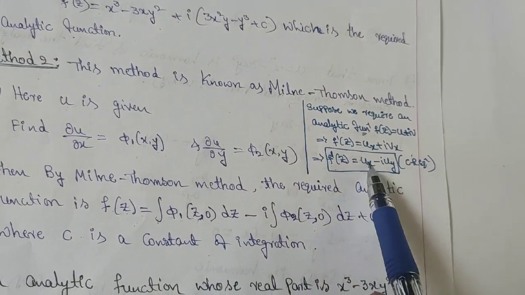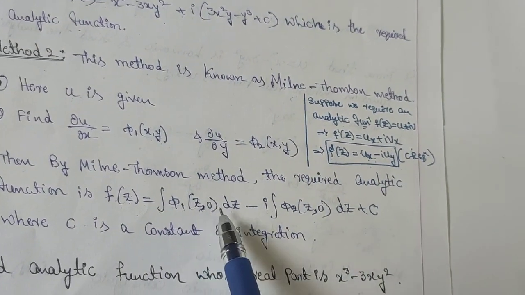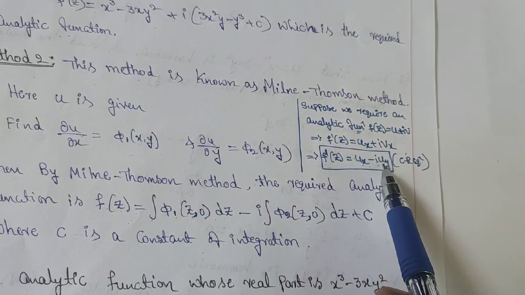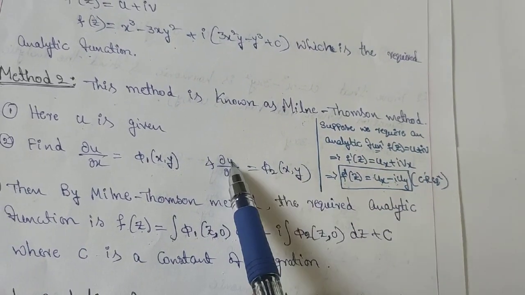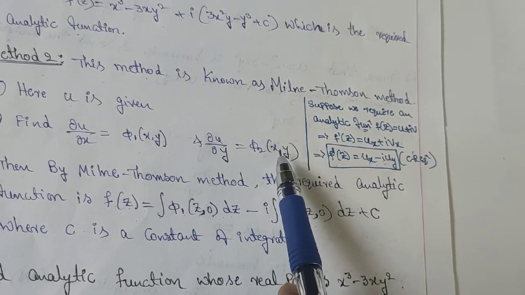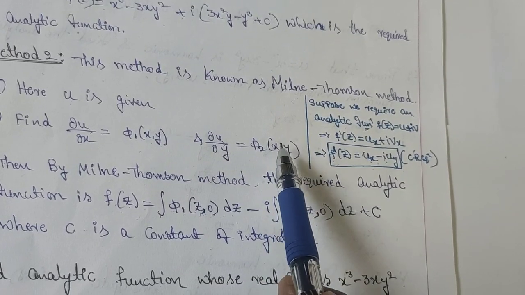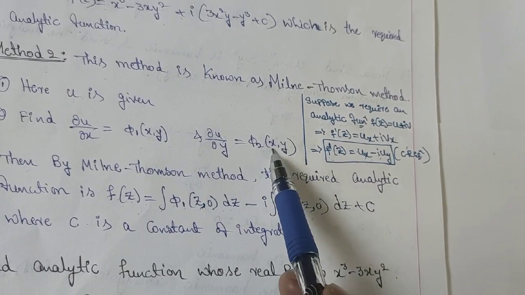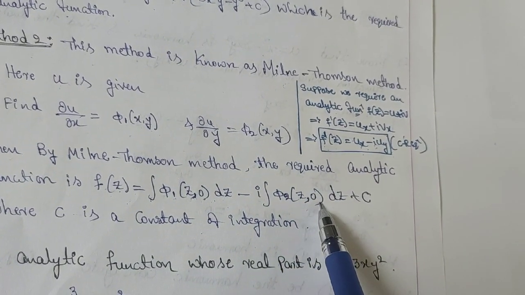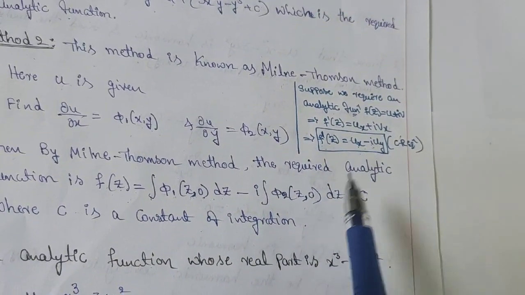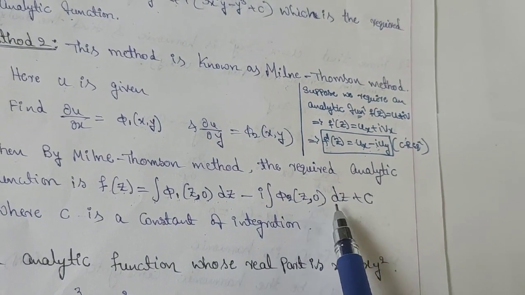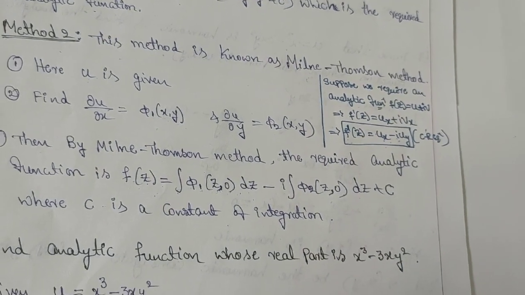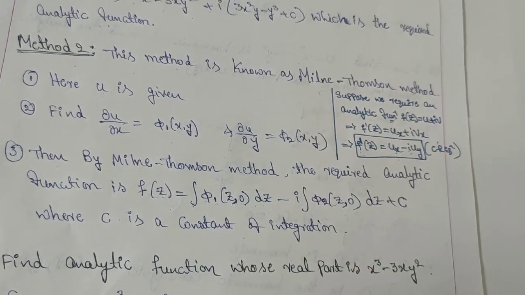That gives the integral of phi 1 of (z, 0) dz minus i times the integral of uy, where uy is phi 2 of (x, y), which we change to phi 2 of (z, 0) dz plus c. But to do the problems, these 3 steps are enough.